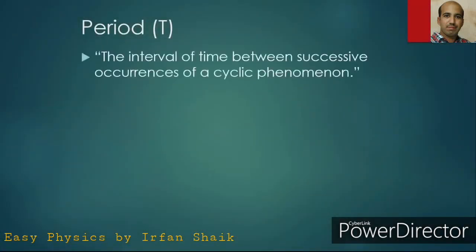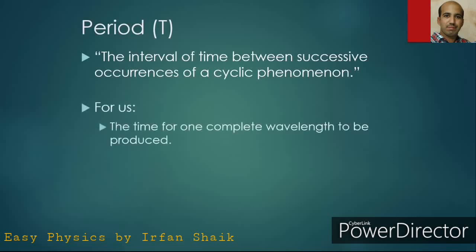The time period. Period is the interval of time between successive occurrences of a cyclic phenomenon. This can also be defined like this: the time for one complete wavelength to be produced.